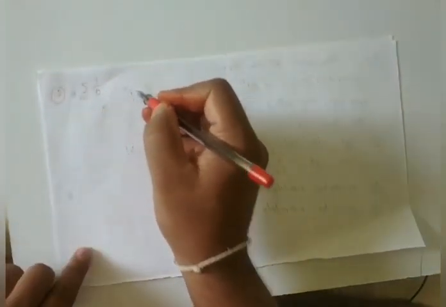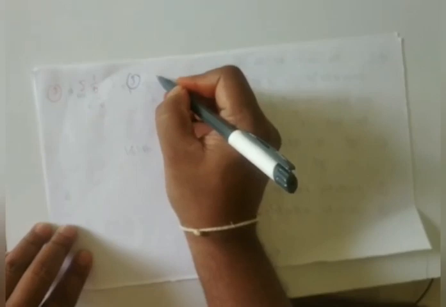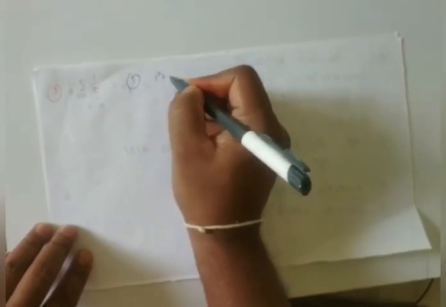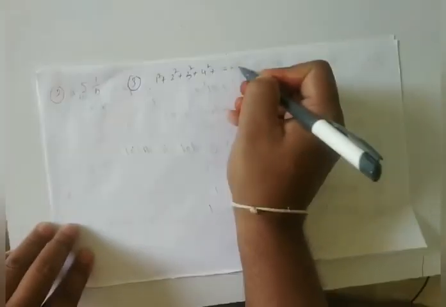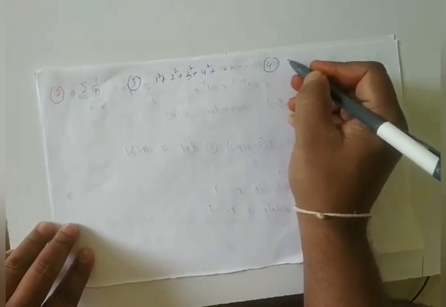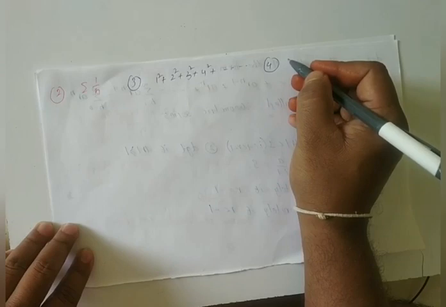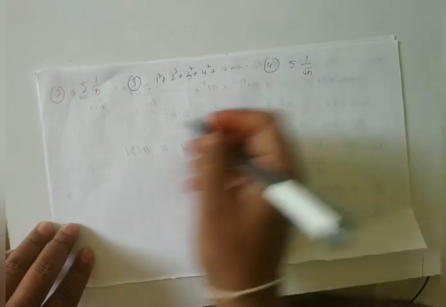Write down. Second one, summation 1 by n. Third one, 1 square plus 2 square plus 3 square plus 4 square plus so on. Fourth one, summation 1 by root n.